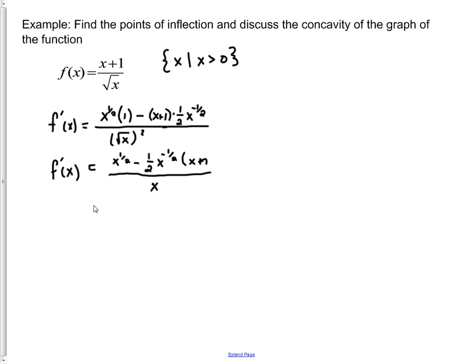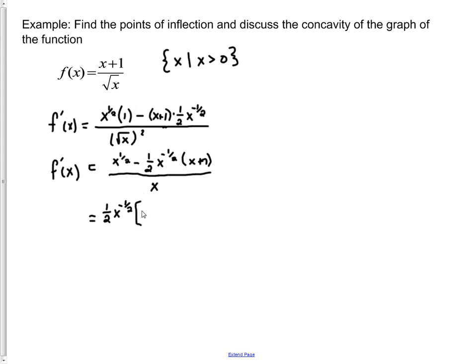What's going to happen? Well, it looks like in the numerator right here, we can actually factor out 1/2 times x to the negative 1/2. In this case, 1/2 times x to the negative 1/2 power. We factor that out since it's a common factor right here. We say, well, what would you have to multiply by 1/2 x to the negative 1/2 to get positive x to the positive 1/2?